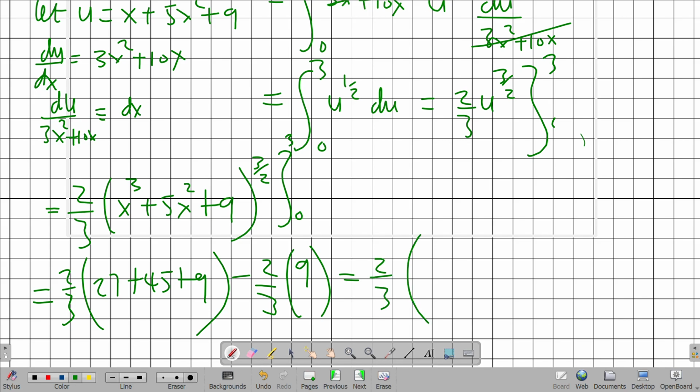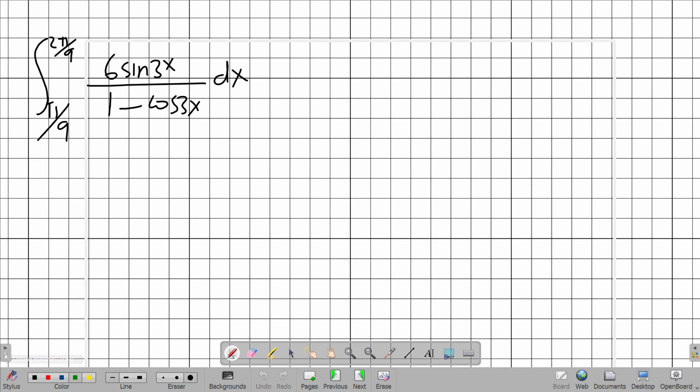I will have to add 45 plus 27, which is 72. You're free to simplify again. So the answer is just 48. Right? Substitution works all the time.